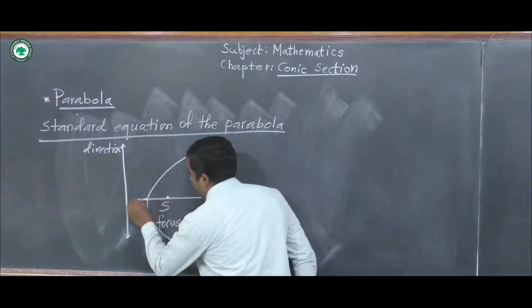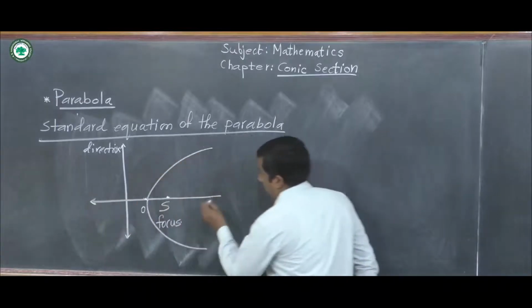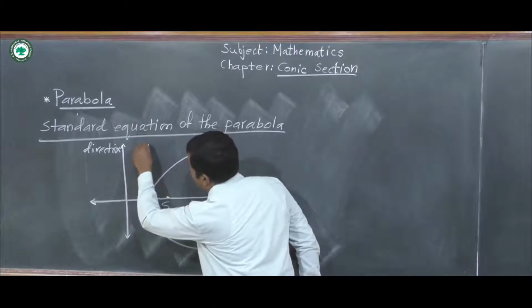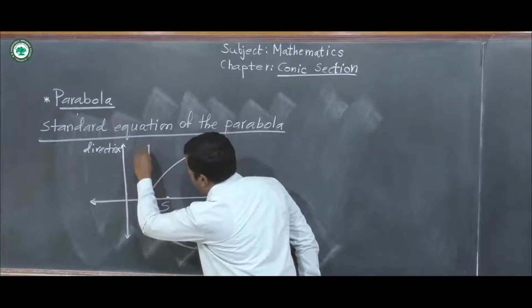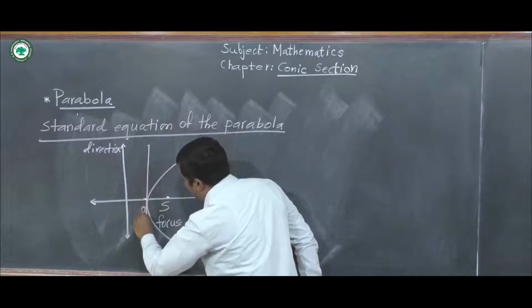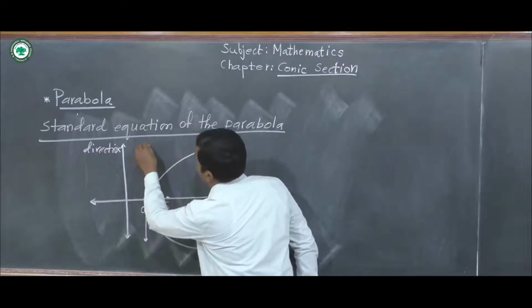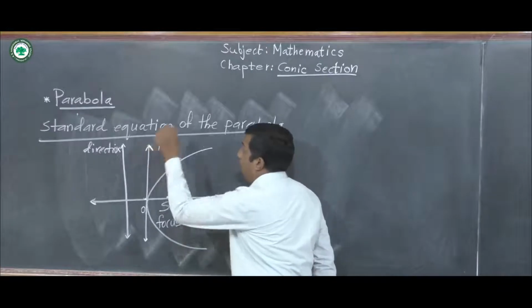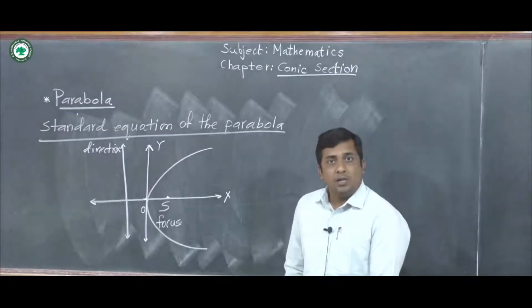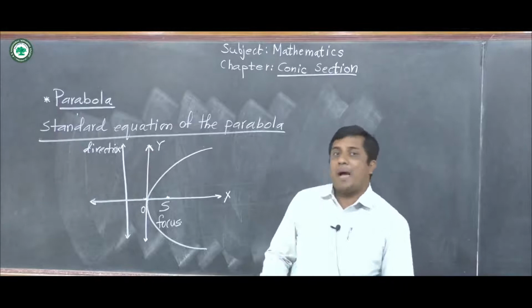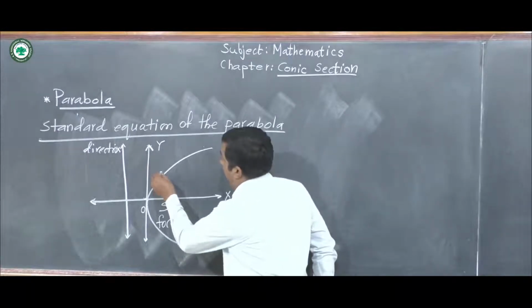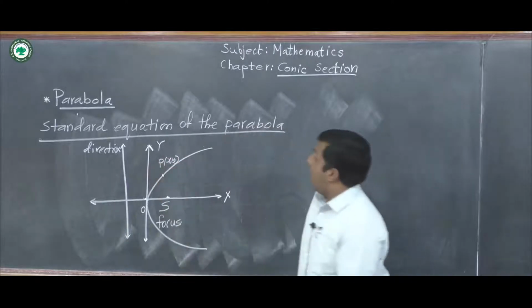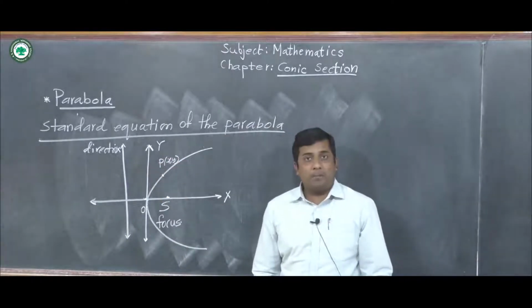Suppose this is our x axis, and we consider our y axis passing through the point O, that is, passing through the origin. So this is our y axis. Let us consider one point on the parabola, P of x, y, be any point on this parabola.